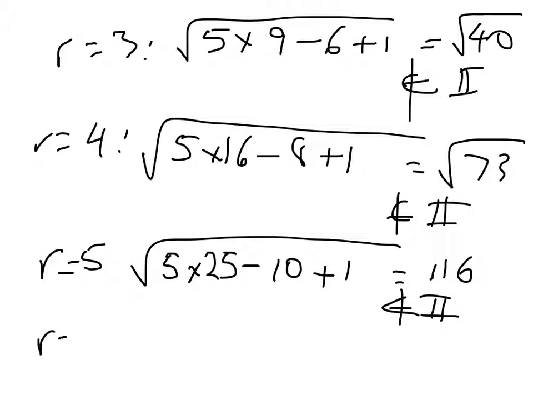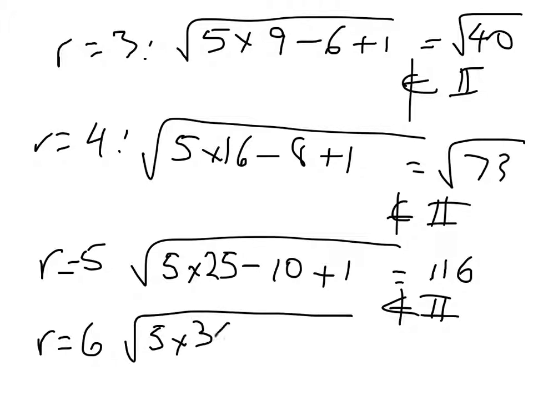And just as we're about to give up and go, I do not like this, r equals 6: 5 times 36 is 180, minus 12 plus 1 is the square root of 169. So we're delighted at this point because the square root of 169 is 13. So let's see what we've found.